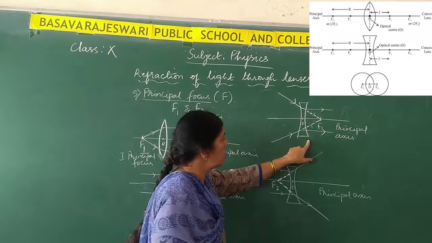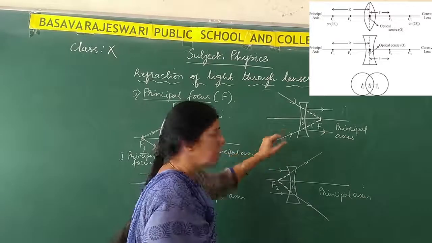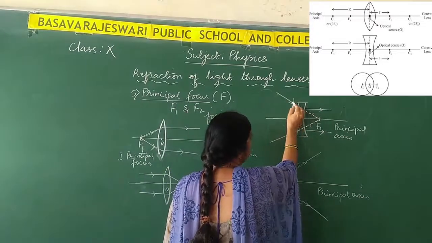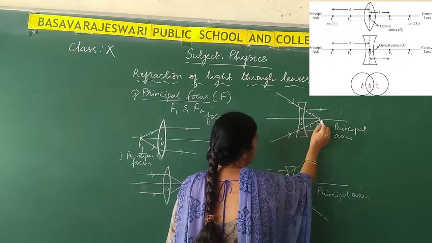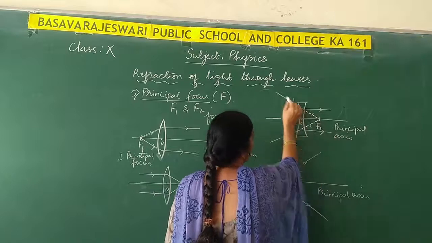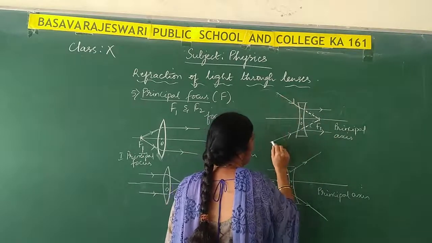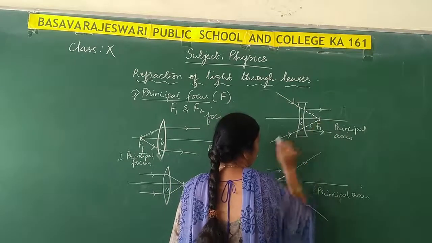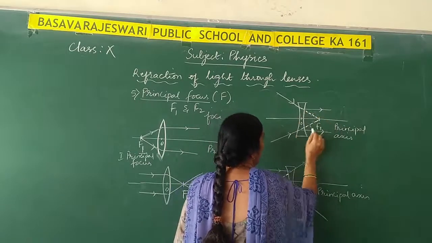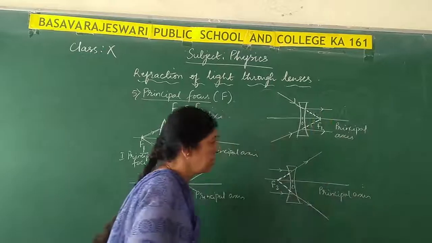For concave lens, you just see here, the diagram is a little different. The light rays which are coming towards the lens, towards the focal point, after refraction they will run parallel to the principal axis.